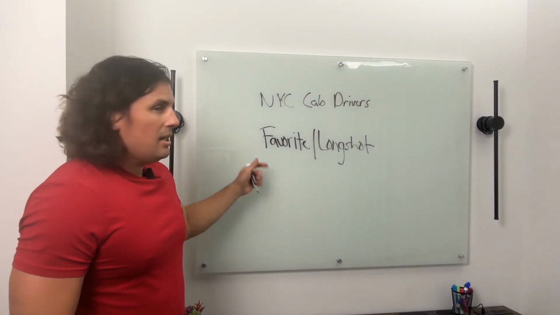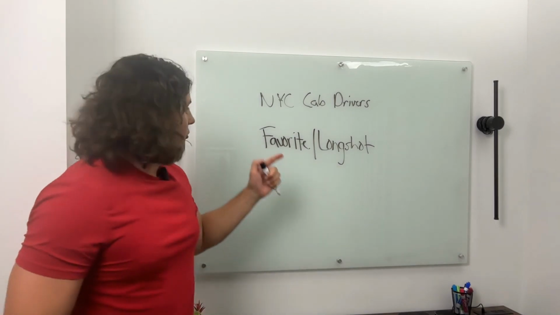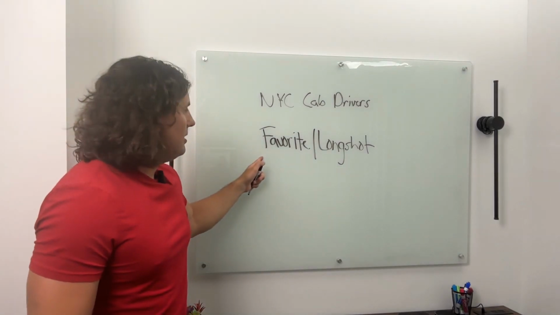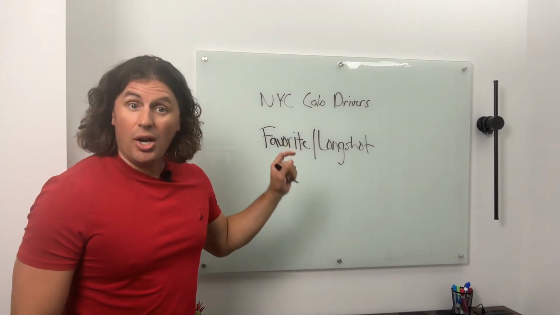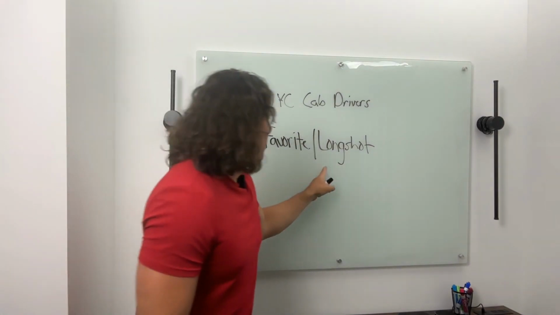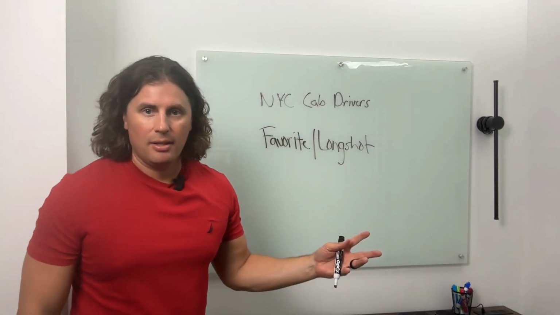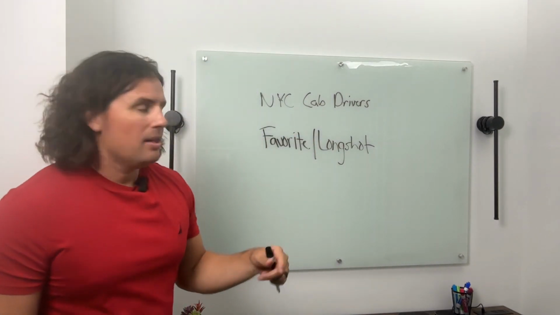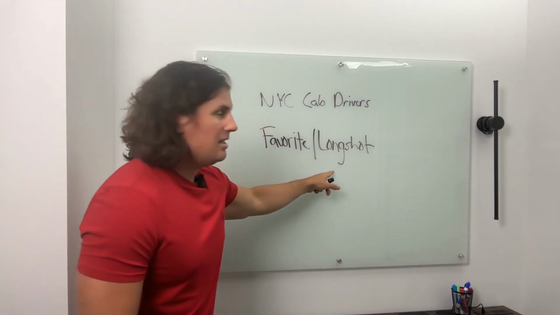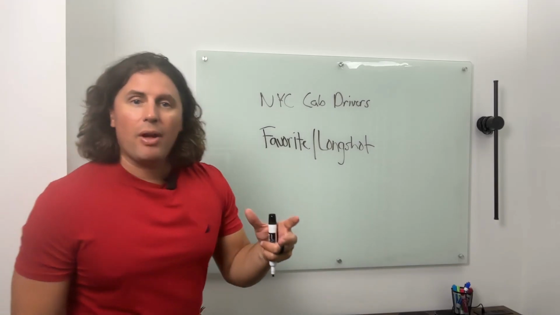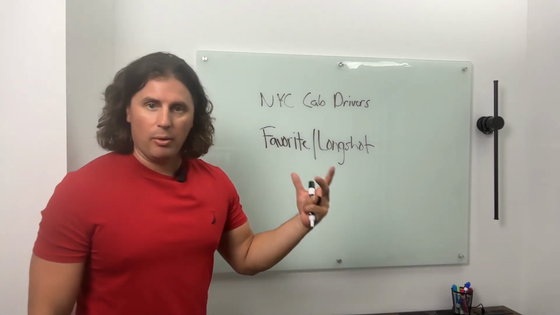What we see here is the favorite has a tendency of being underpriced, and the long shot has a tendency of being overpriced. So what's going on here? First of all, I want you to think about the emotional component of this.